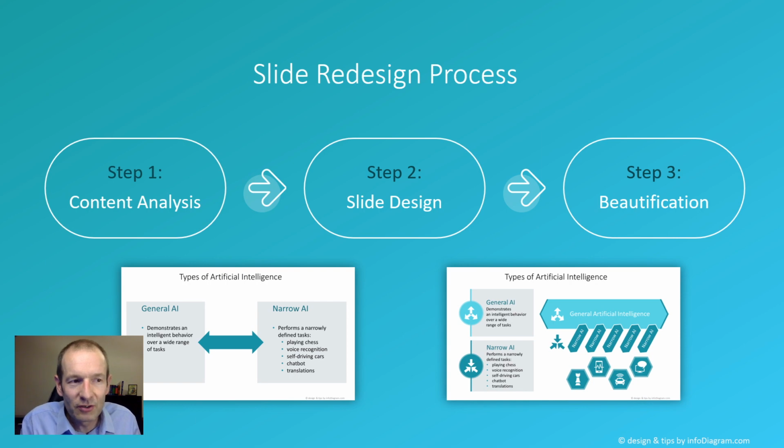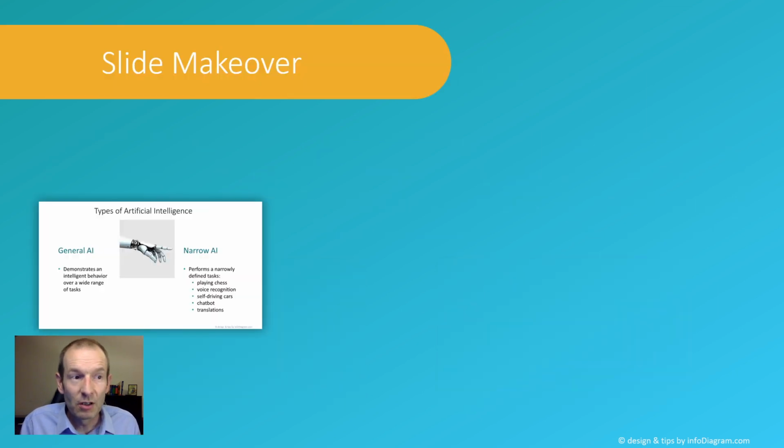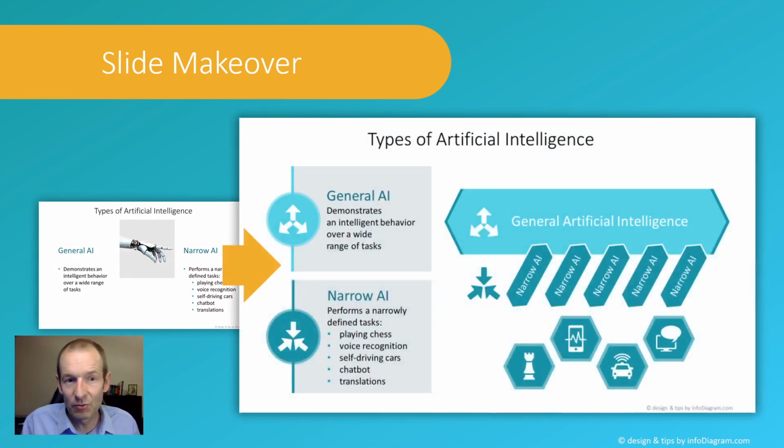We should always follow these steps: understand what the content is, so you know what you want to highlight. If this is a comparison, let's work on the comparison, and only then do the slide design, and you can end with beautification, which I showed before, using icons, using colors, playing with the shapes a bit. So that will be the example of changing this slide to this one.